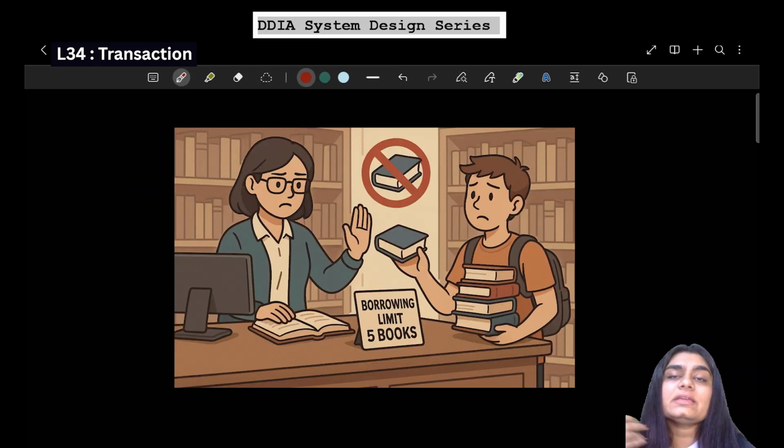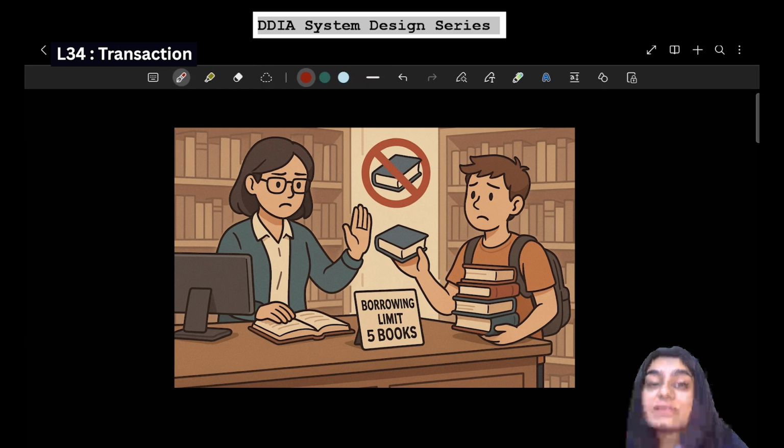For example, imagine a library lending system where a rule says that a member cannot borrow more than 5 books at a time. The consistency principle is like the librarian checking after a lending operation that a rule is not broken. If you try to borrow a 6th book while you already have 5 books checked out, the system should prevent the transaction from completing because it violates the library's rule.